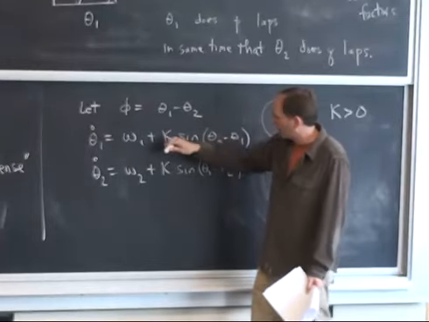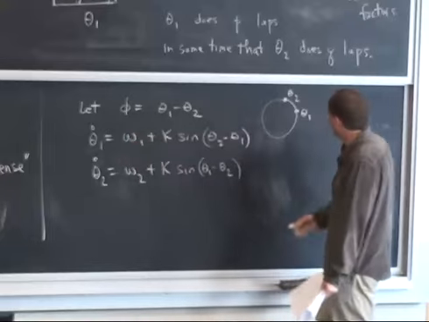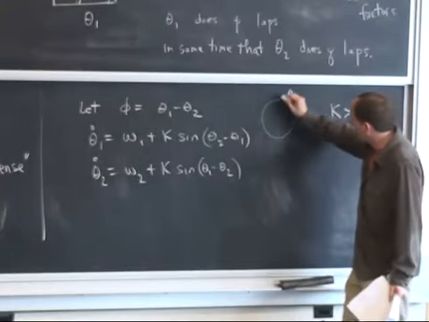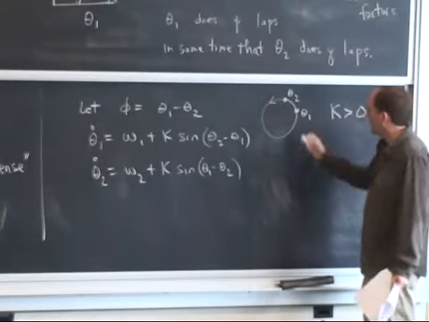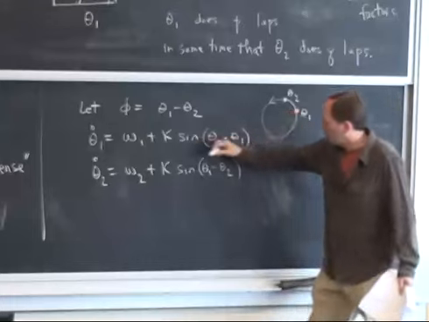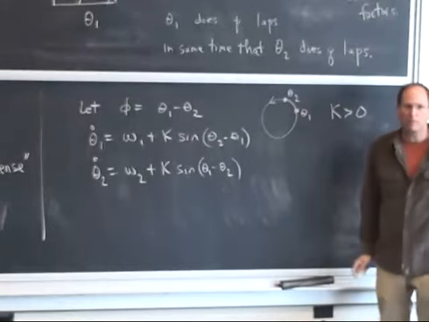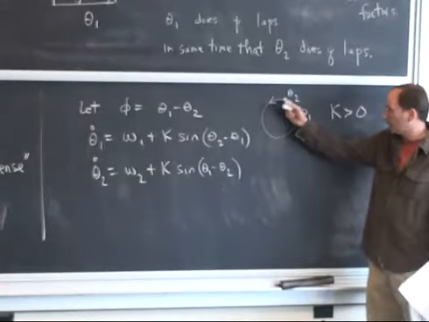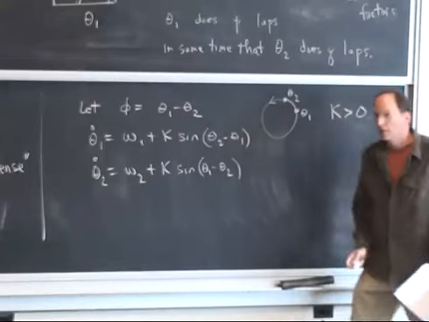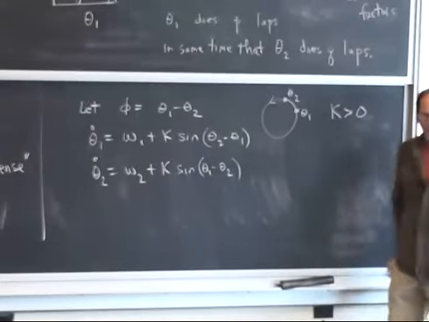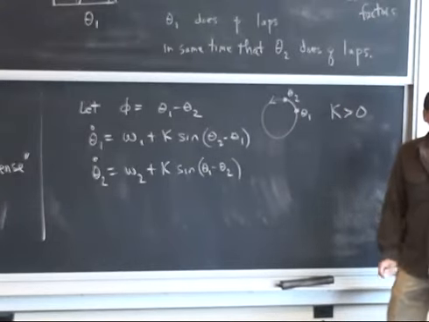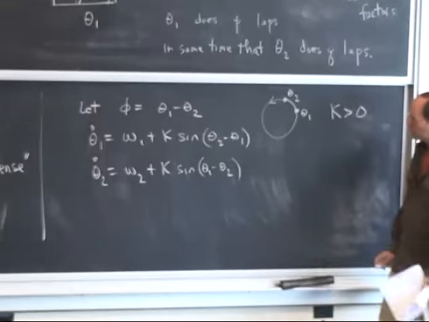So what's going to happen is we're adding a positive number to omega 1. And so in a situation like this, where they're both running this way, the runner who's behind will get a positive term added to his or her speed, meaning the person behind will speed up. And the person ahead will slow down by this amount. So it's a coupling that tends to synchronize the oscillators, the runners. It tends to pull them together in phase.